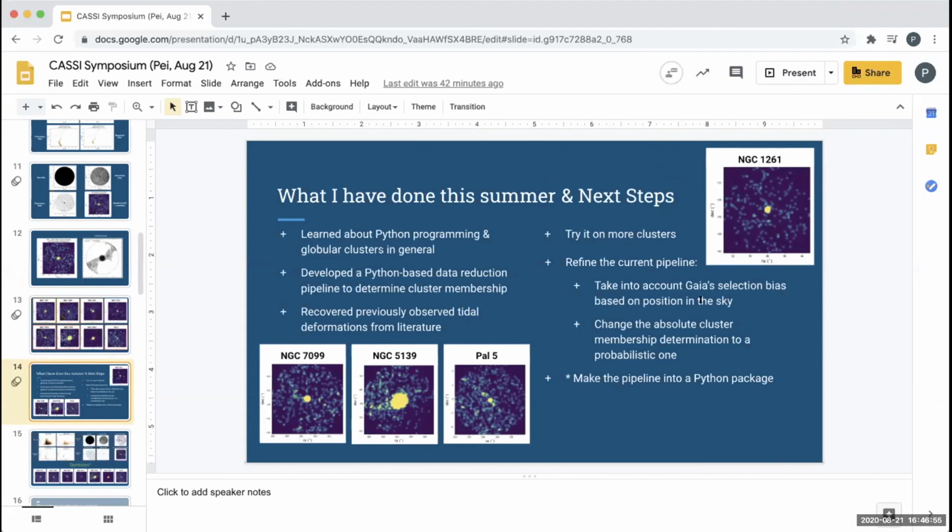Let's see a plot of one of the most prominent ones. So it's NGC 5139, I think. It will show pretty clearly what I meant.